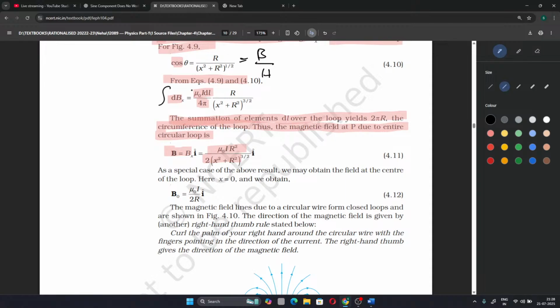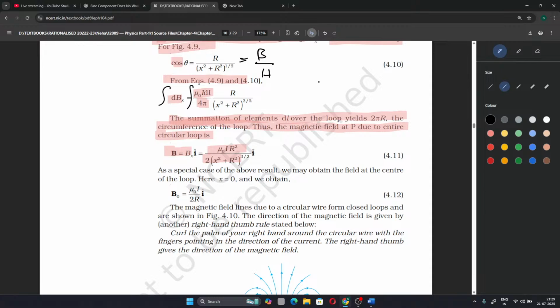Basically, we are integrating this, and the constants are: mu naught is constant, 4 pi is constant, I is constant, and the radius is also constant. Basically everything is constant here.